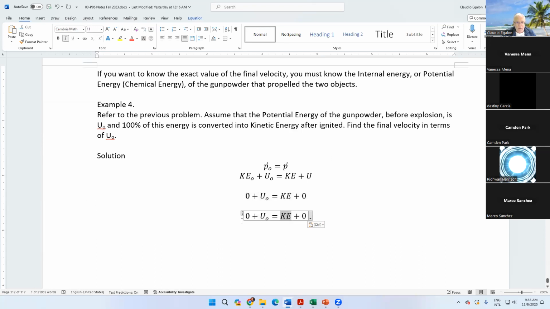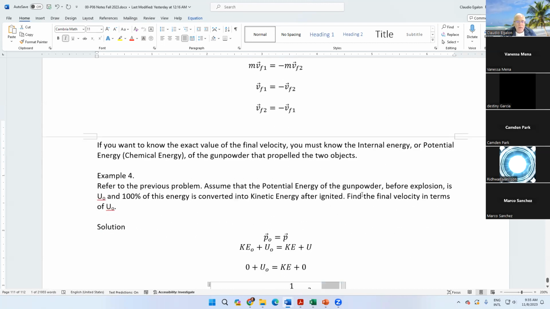Don't forget this one is the final kinetic energy, and the final kinetic energy must be the final kinetic energy of 1 plus the final kinetic energy of 2, which is the same masses, right? So the final velocity of 2 should be equal in magnitude to the final velocity of 1, according to this result here, right?